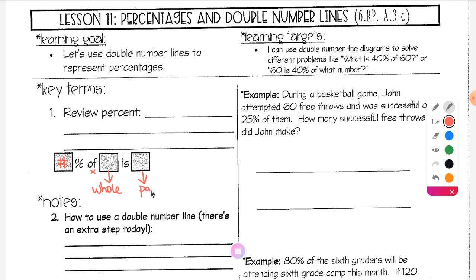Okay, to give you an example, you don't have to write this. I'm just going to write it so you can see it. 30% of the school are girls.